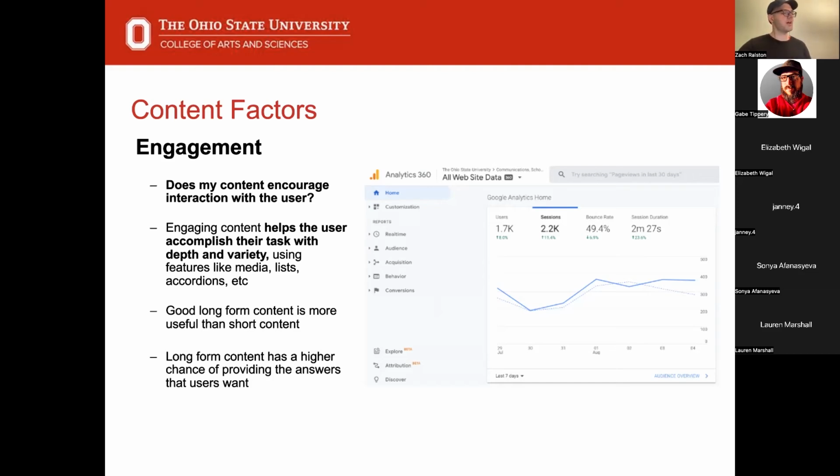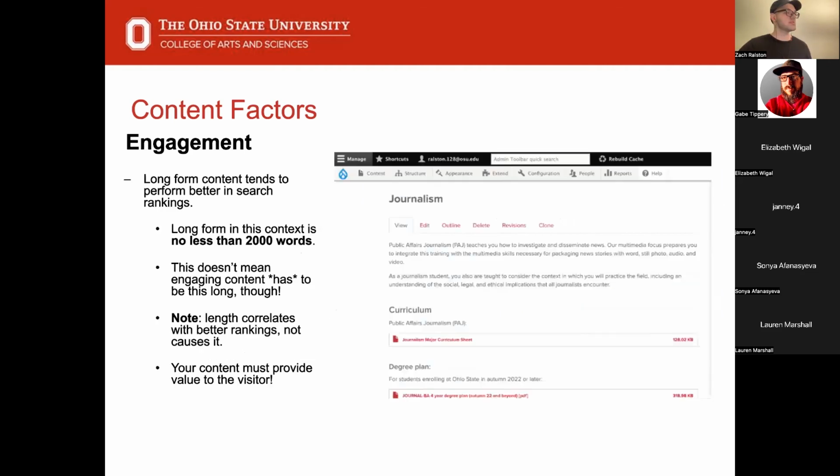Long form content, and I'm going to get a little bit more into that in a bit, has a higher chance of providing the answers that users want. They're usually much more comprehensive and detailed. So long form content in this context is generally no less than 2,000 words.